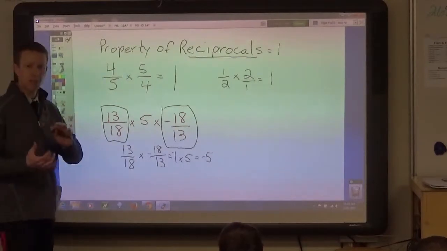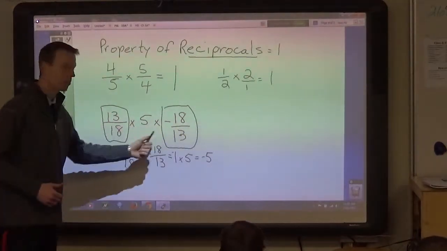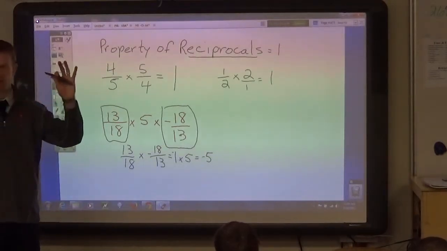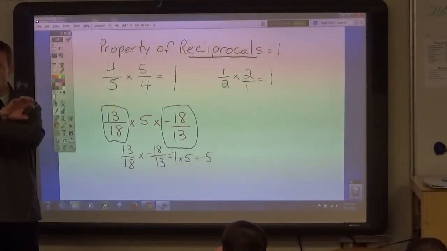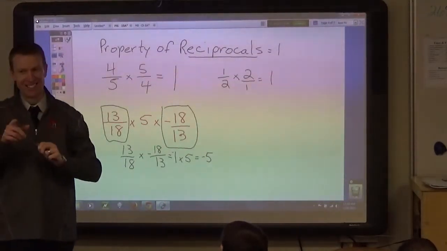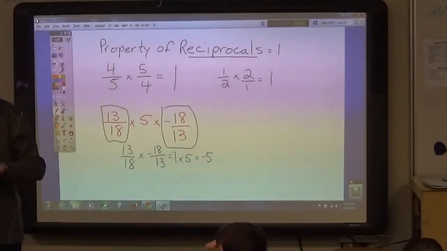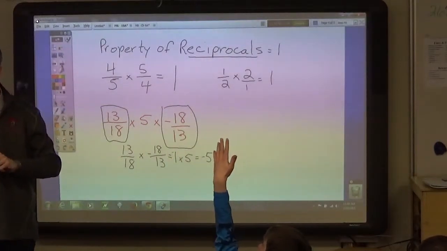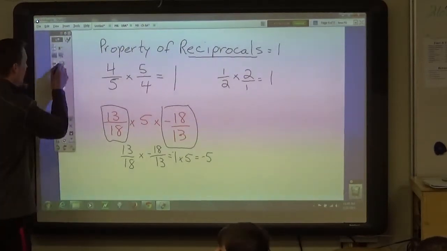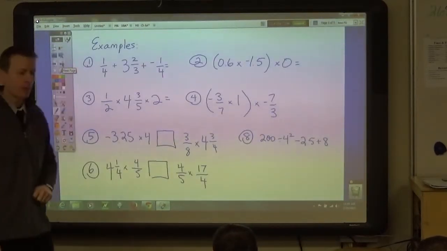We use the concept of reciprocals to simplify this. We also use the concept of what? Which one switches the order of the numbers? Lily has it. Commutative, right.